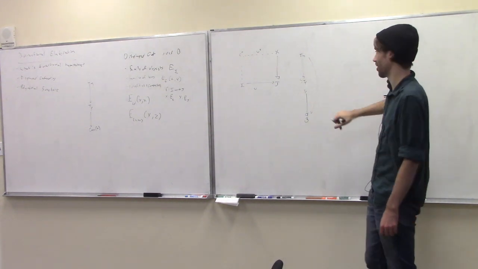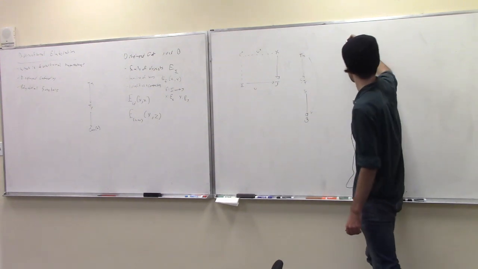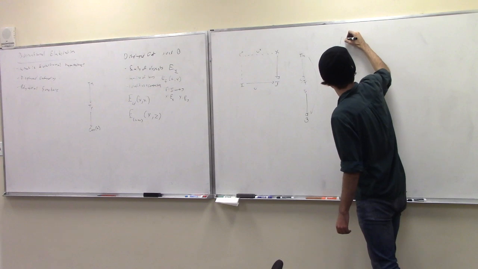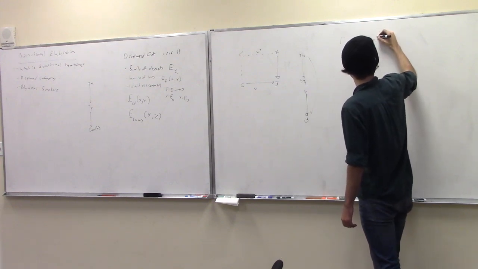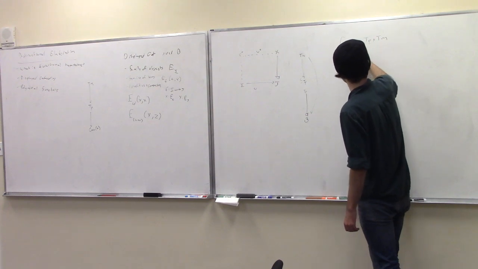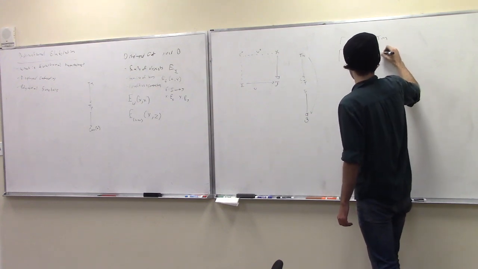If you unfold out all the definitions, because this is you give me a context, and I'll give you a type and a term. And the other one is you give me a context and a type, and I'll give you a term.